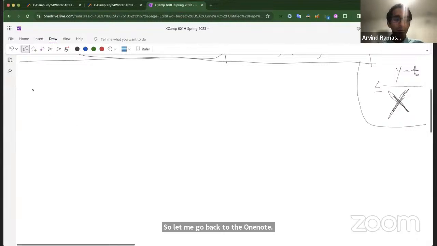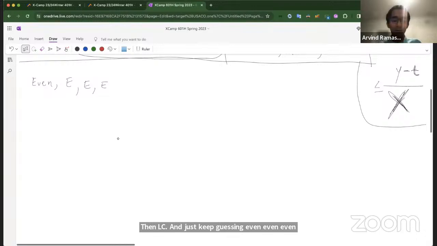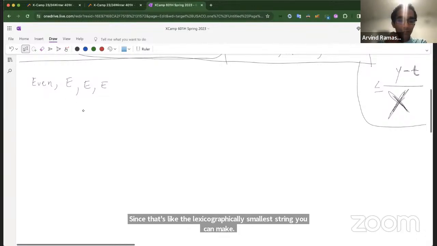So in the ideal case, since we want lexicographically smallest, Elsie can just keep guessing even, even, even, since that's the lexicographically smallest string you can make, right? So there's M turns.